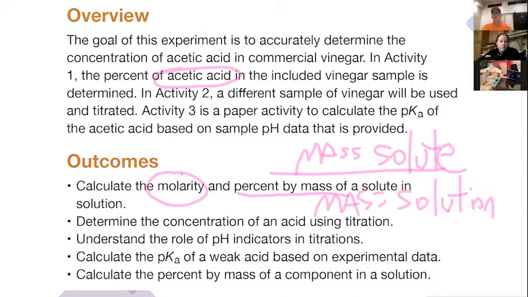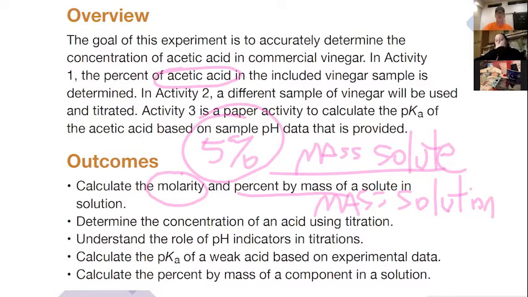And you probably noticed that on the vinegar you have at home, or the vinegar that's in the kit, the percent mass is 5%. So if we do everything correctly, we should get a percent mass of around 5%.